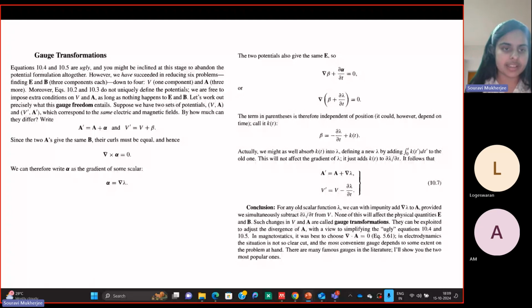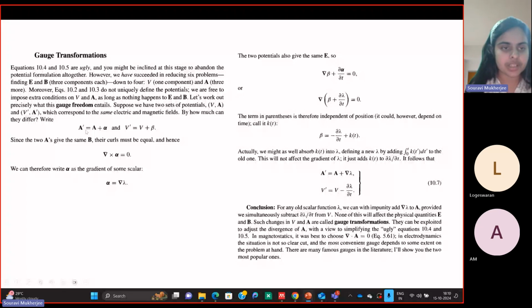So here what we can say is that suppose we choose a new vector potential A prime, which is given as A plus some alpha. Okay. And we choose a new scalar potential V prime, which is given as V plus some beta. Okay. Now, we want the electric field and the magnetic field to be the same.